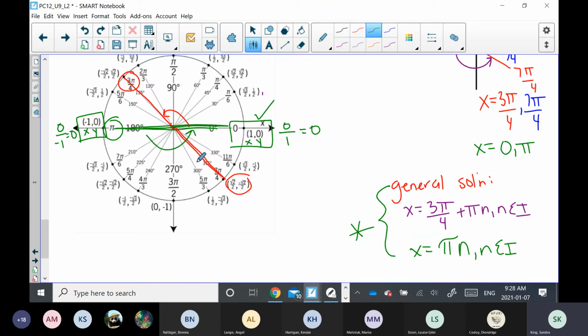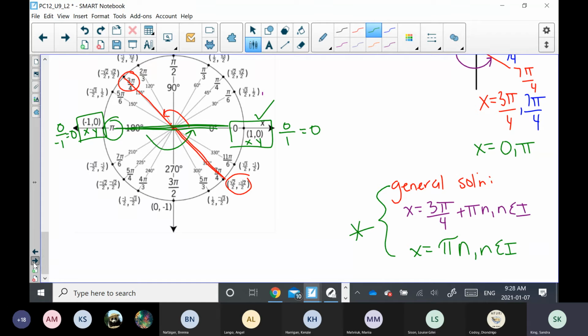This red line would be one general solution, and then you would have to put this green line as a separate general solution. So I would just separate it like this, just so that in your mind it doesn't get confused. Okay, thank you. You're welcome.